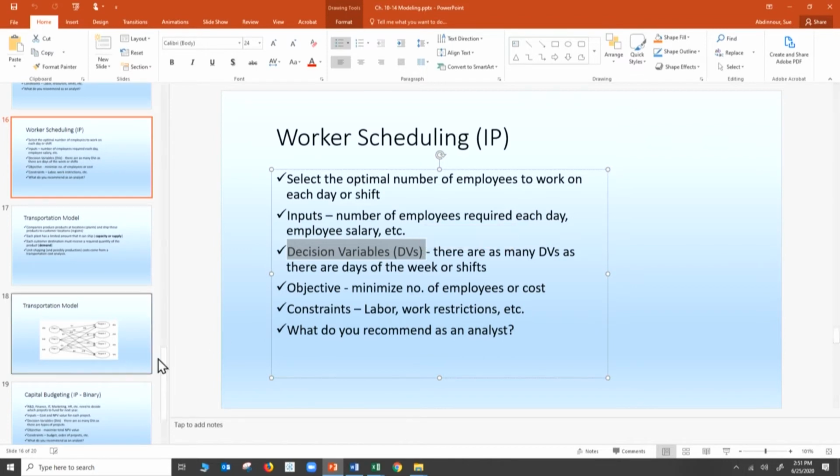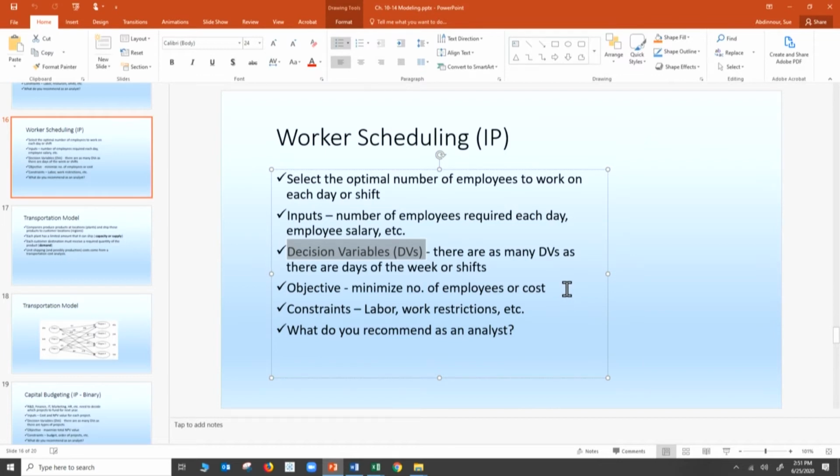And the trick in this model is in how you define the decision variables. How many decision variables do we need? We will look at that when we look at the spreadsheet. Of course, the objective in this case is to minimize the number of employees, or cost if we turn this problem into a cost.